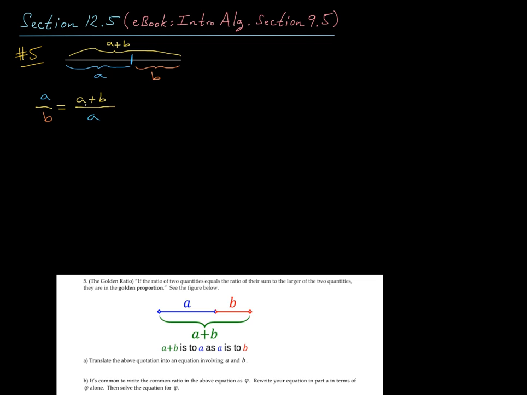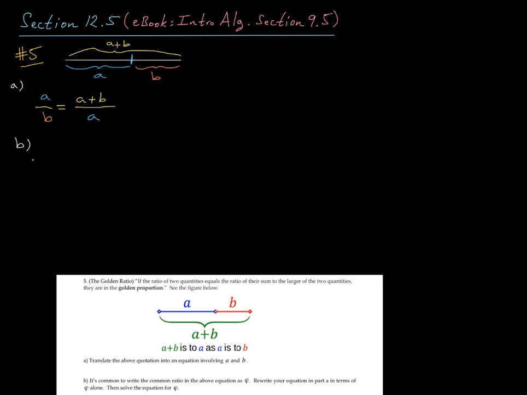Okay, this is the condition for the long to the short to be in this special golden ratio. Okay, and so reading in the problem, it says translate the above quotation into an equation involving A and B. Well, that's exactly what we just did here.